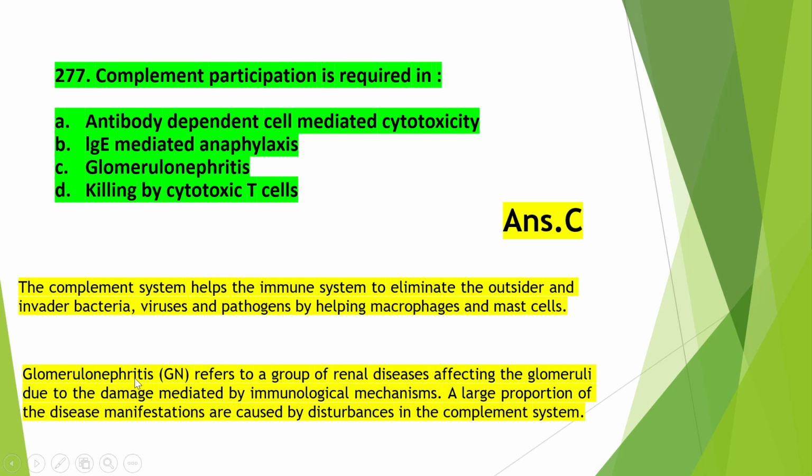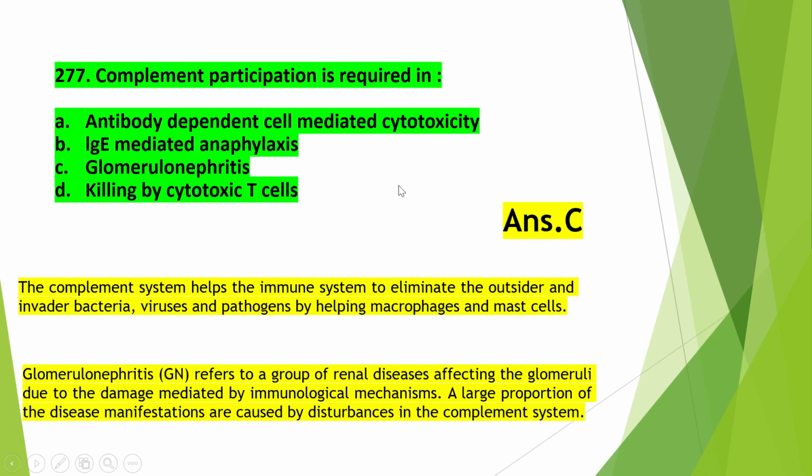And what is glomerulonephritis? Glomerulonephritis refers to a group of renal diseases affecting the glomeruli due to damage mediated by immunological mechanisms. A large proportion of the disease manifestations are caused by disturbances in the complement system.